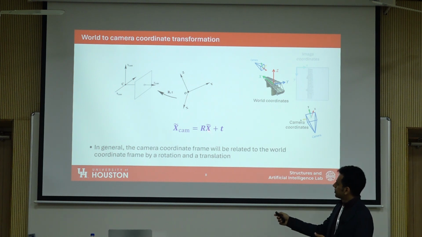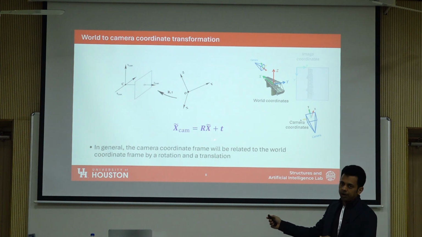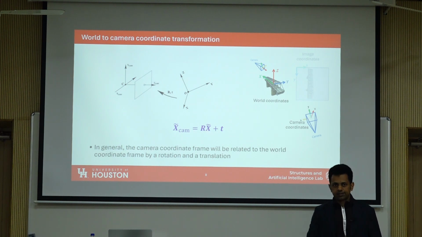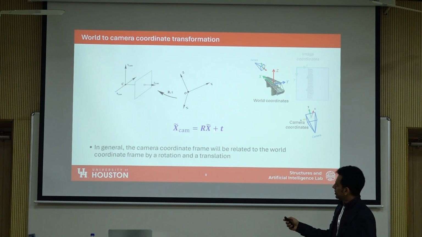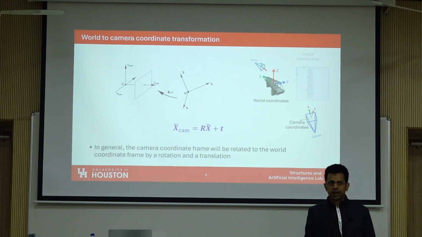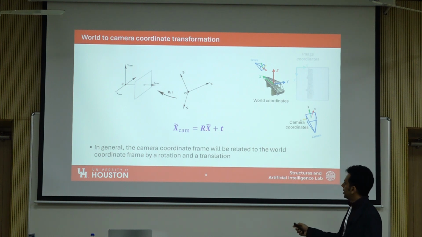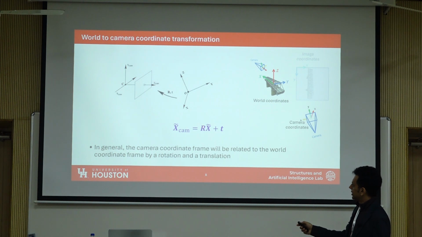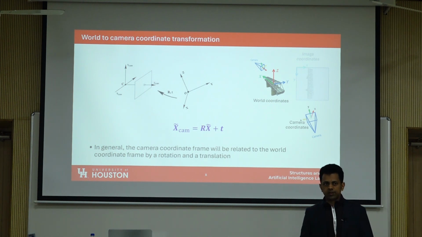So say I have x tilde as my world coordinates, okay, if I apply a suitable rotation and then translate it suitably, then I should be able to represent x tilde in the camera coordinate system as x tilde sub cam. We need to determine what this rotation and what this translation are. But what I'm trying to say here is that there exists some rotation and some translation, and we can apply that to this transformation.